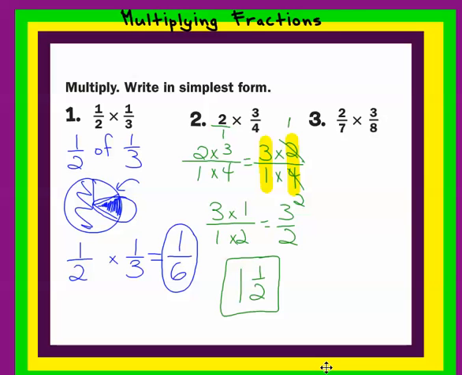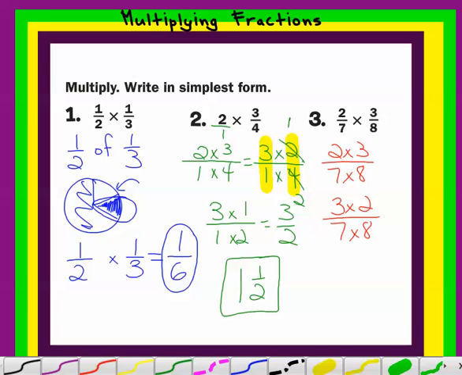So let's take a look at example 3, 2/7 times 3/8. So I can write that as 2 times 3 over 7 times 8. And because I see a common factor of 2 in the 2 and the 8, I'm going to think about this as 3 times 2 and 7 times 8.